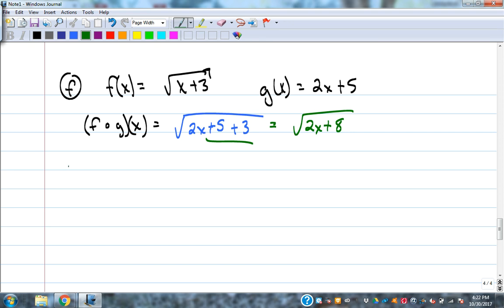And then we want to find the domain. So we need to find the domain of each piece, and then get the domain of the composite function. So what's the domain of f of x? How do we find it when it's a square root?